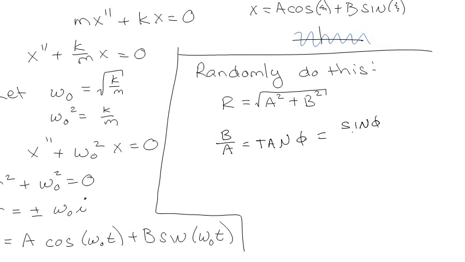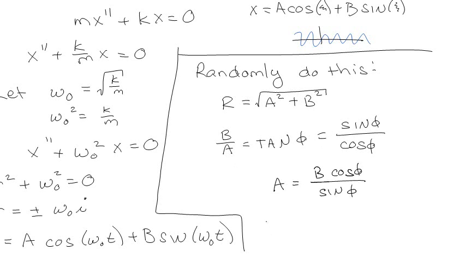So we're going to call that sine phi over cosine phi. And because I'm kind of awesome at algebra, I can say that a is equal to b times cosine phi divided by sine phi.